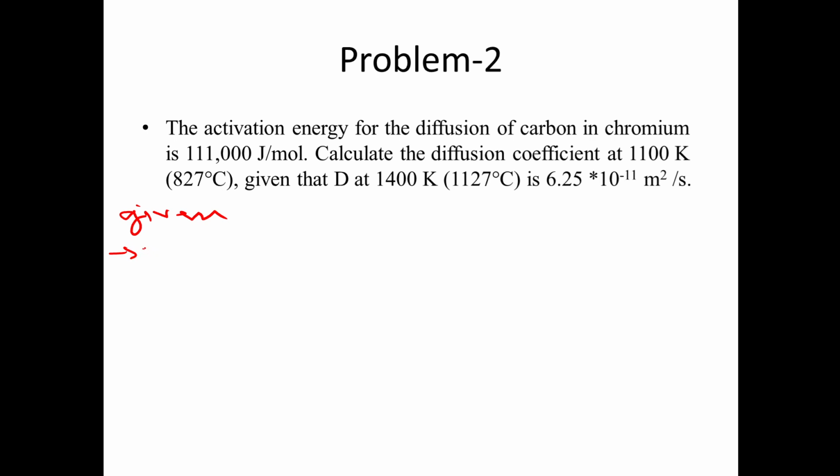So activation energy Q is equal to 111,000 joules per mole, and we need to calculate the diffusion coefficient at 1100 Kelvin. So T1 is 1100 Kelvin, and we need to calculate the D value.